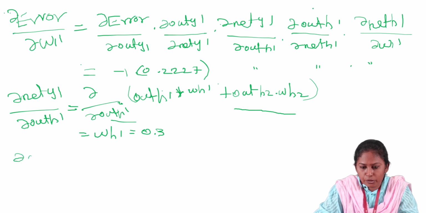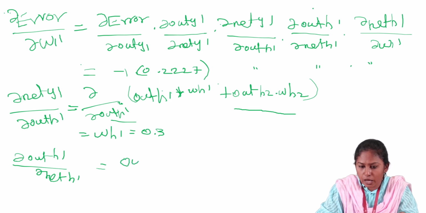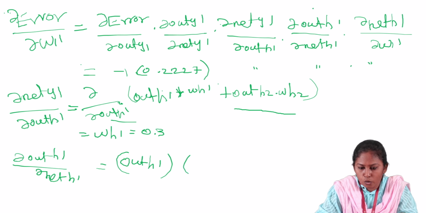Next step will be ∂out h1 divided by ∂net h1, right? For this also we have seen elaborately how it will be calculated. It will be out h1 into 1 minus out h1. You can refer to the previous slides for how we calculated this.